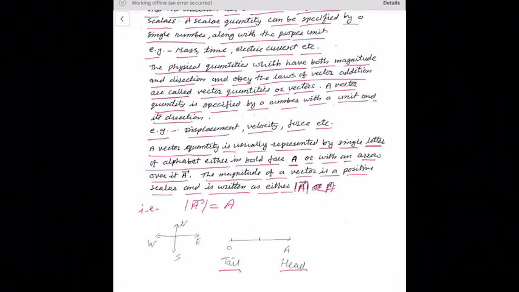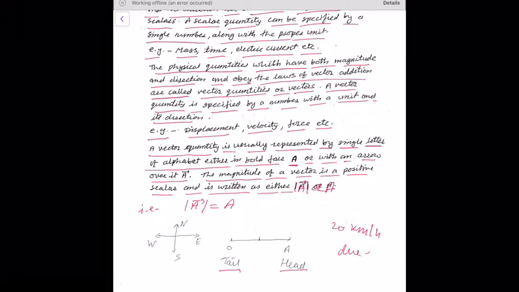Suppose a body has a velocity of 20 km per hour due east.